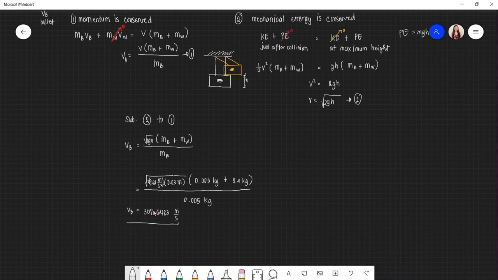So this was the velocity of the bullet before it was embedded in the pendulum.